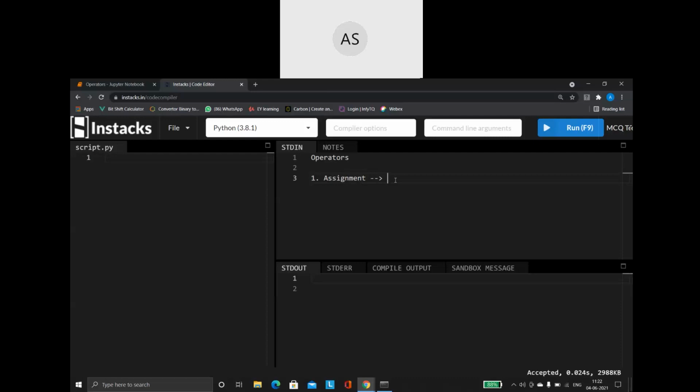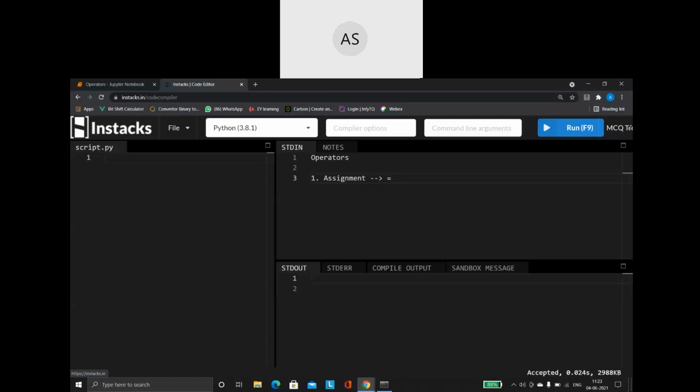As the name suggests, it is used for assigning values. I want to assign some values to a variable, or assign an expression's result to a variable. For all those purposes, I will make use of the assignment operator, which is nothing but the equal to operator.